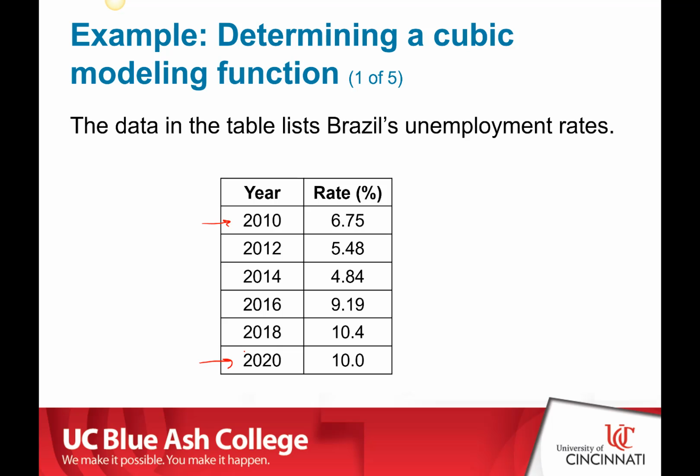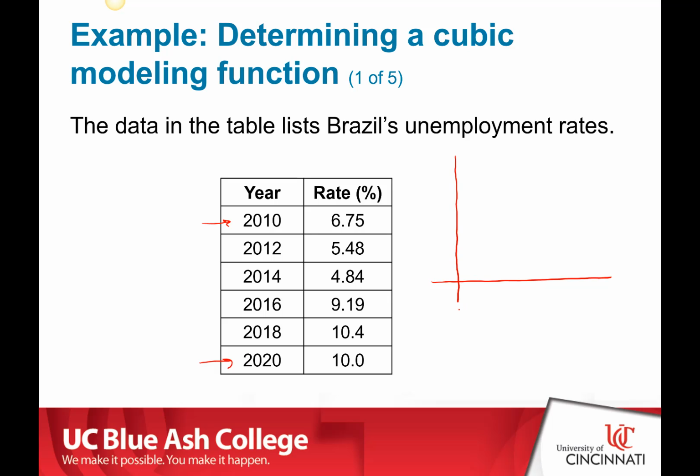Okay. When you are looking at data, you need to decide what type of model will fit it best. And in deciding what model will fit best, you first need to plot the data. Now, when you plot the data, we're going from 2010 to 2020.